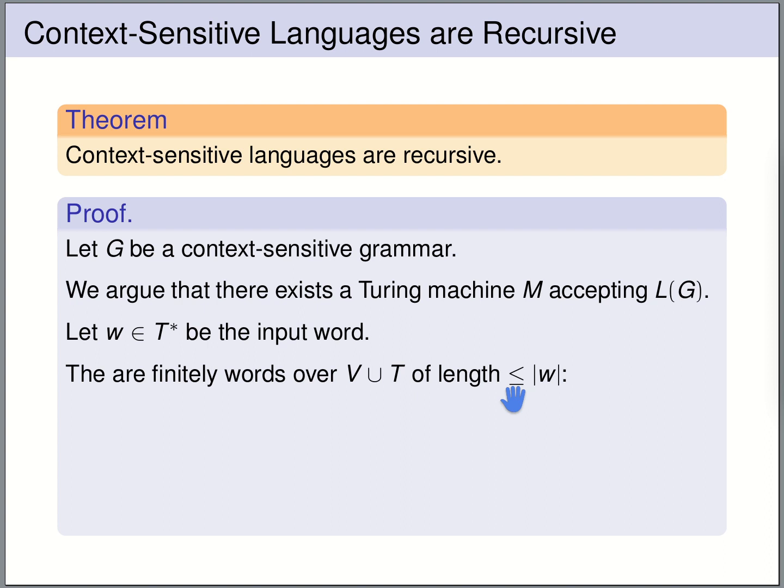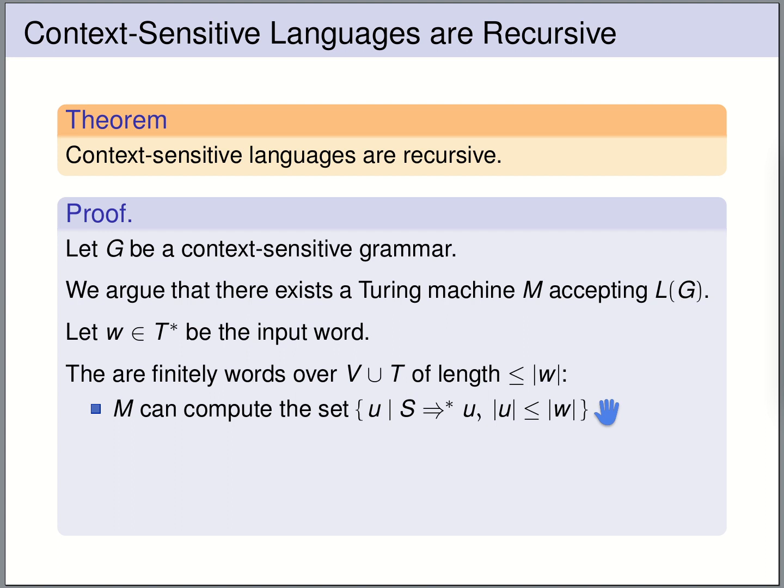Therefore, we only need to consider words that have lengths at most the length of W. So our Turing machine can simply compute all the words derivable from the starting variable that have at most length |W|. So all the words U such that the length of U is at most the length of W.